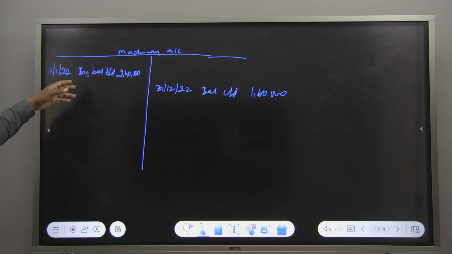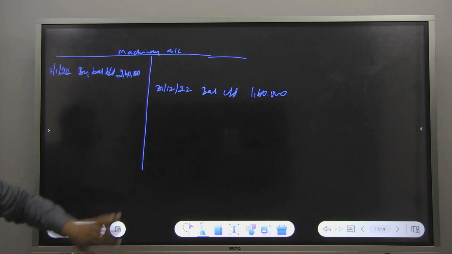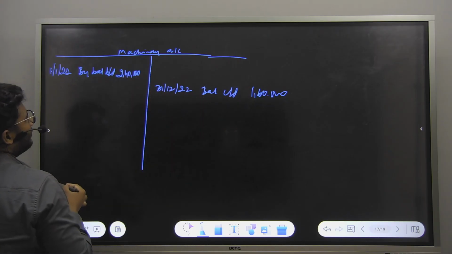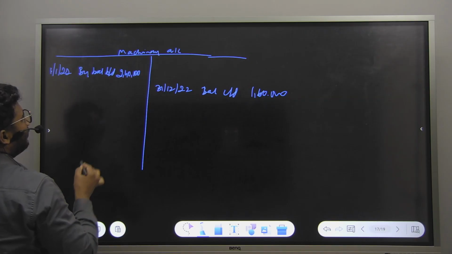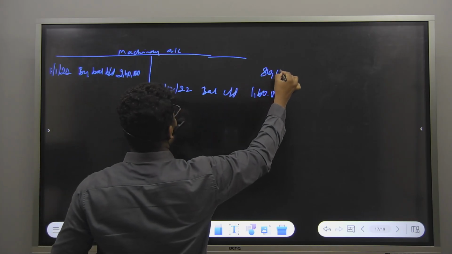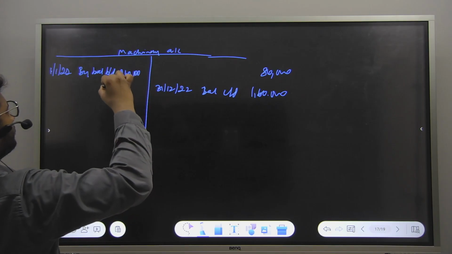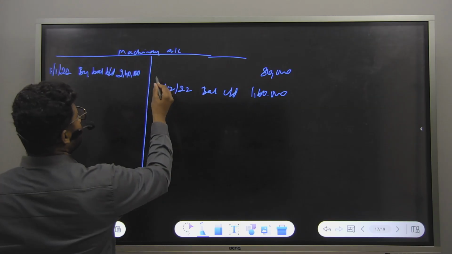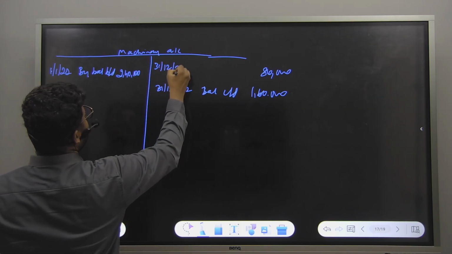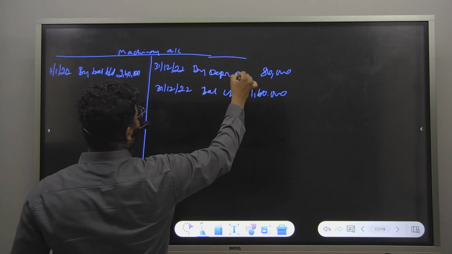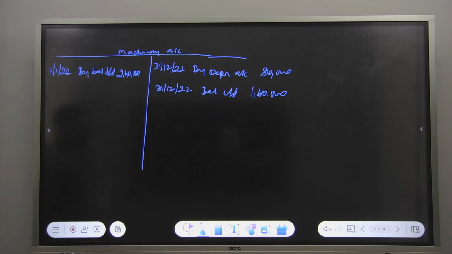So opening balance is 2,40,000. Closing balance is 1,60,000, so what is the depreciation for that particular year? 2,40,000 minus 1,60,000 is 80,000 rupees. So on 31st 12 2022, you have charged the depreciation of 80,000 rupees.